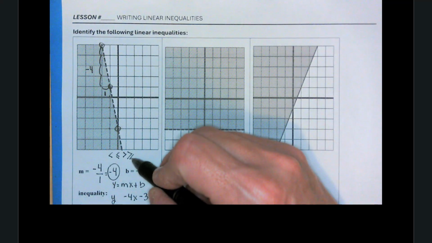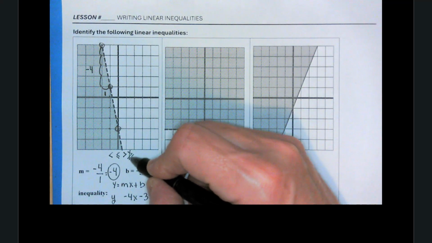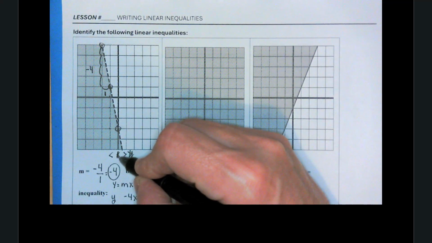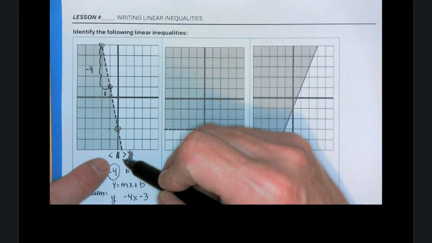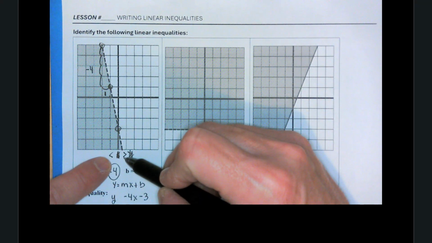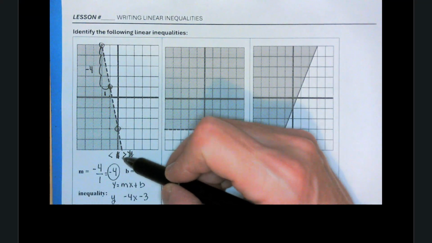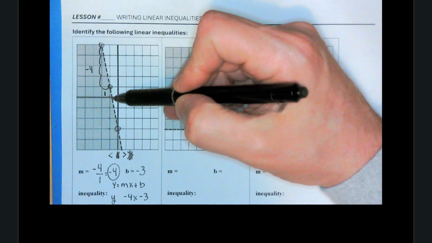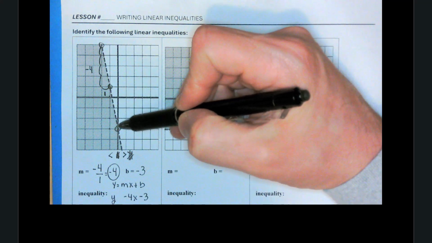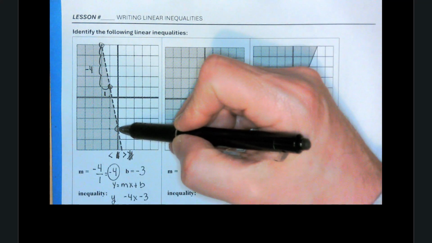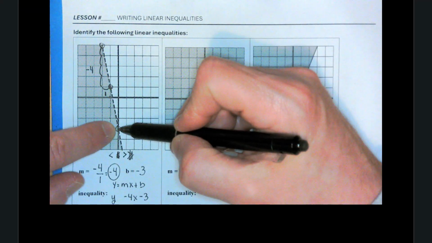So I know that my inequality sign is not going to be this one nor this one. My decision is between these two. So which symbol am I going to use to represent this inequality? If you notice, this line is dotted, and it touches right there, where that would be my elevator.